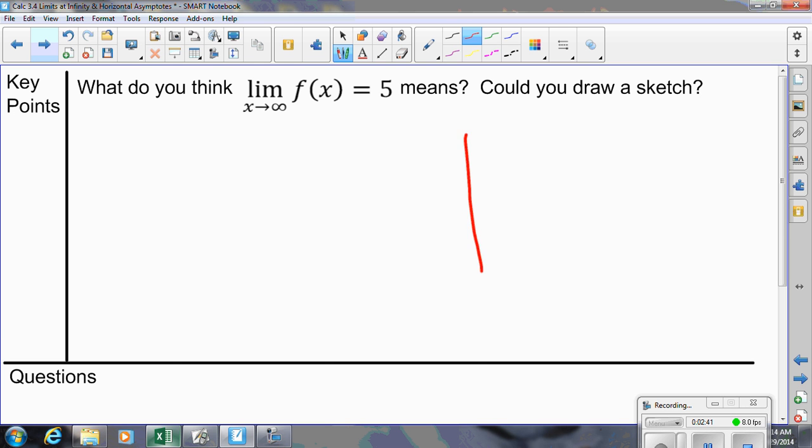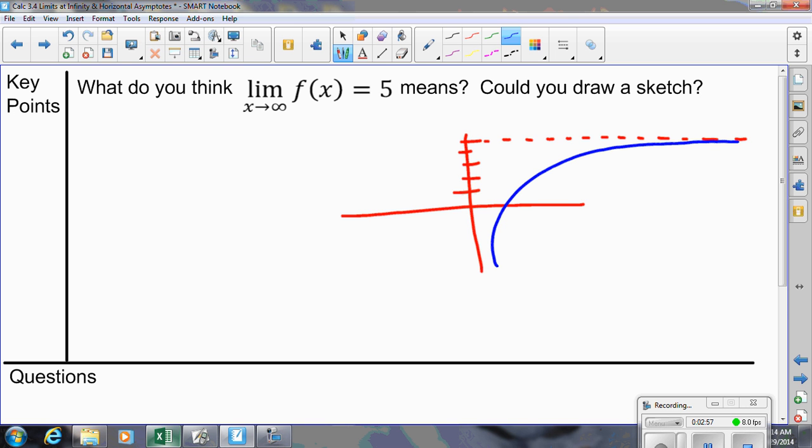Well, if we're talking about it being equal to 5, 1, 2, 3, 4, 5, we're saying as we go farther and farther to the right, our graph would need to have something that's perhaps doing this, closing in on it closer and closer. Where you can see I've already done the dotted line for a horizontal asymptote.